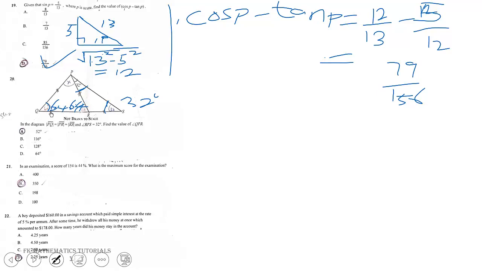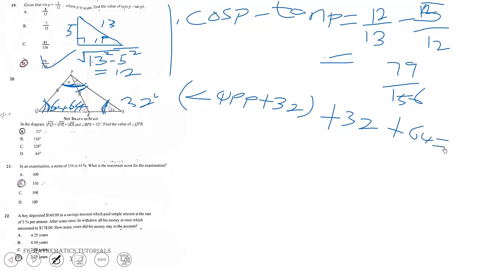Now if this is 64, then this whole angle here, plus this whole angle, plus this whole angle should be equal to 180. So this whole angle here is angle QPR plus 32. Then this whole angle here is 32, then this whole angle here is 64. This should give you 180 degrees.